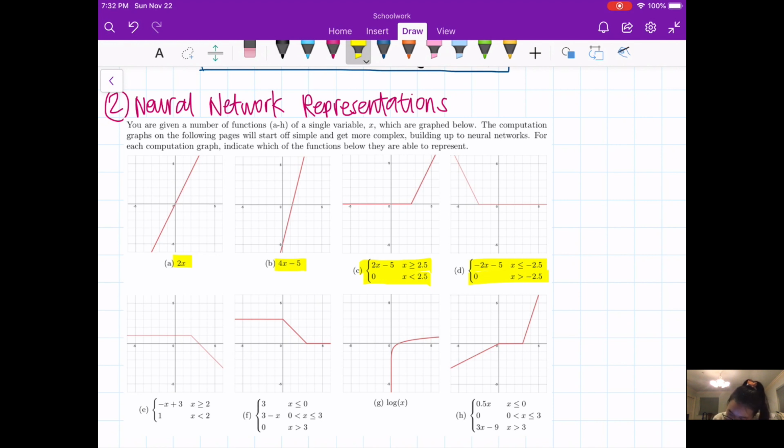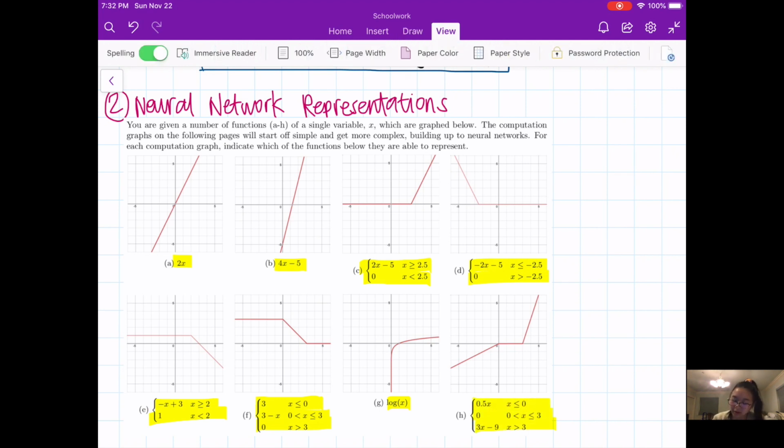And then we also have it flipped over the x-axis now. And then we have one where there are now 3 segments involved. And then we have a log of x, and also 3 segments, but now we have 2 diagonal segments instead. Cool. So those are generally the 8 functions we are looking for.